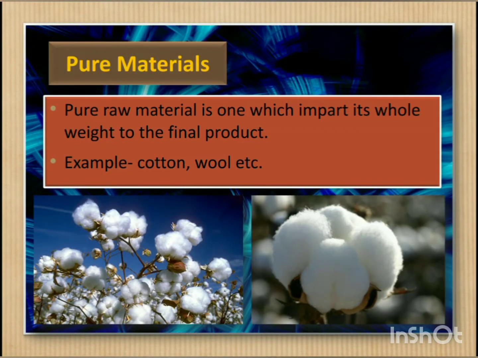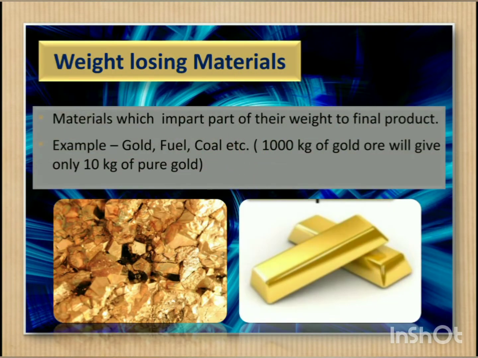First, pure materials. Pure raw material is one which impart its whole weight to the final product. For example, cotton, wool, etc. So these materials are weight gaining materials. Next, weight losing materials.